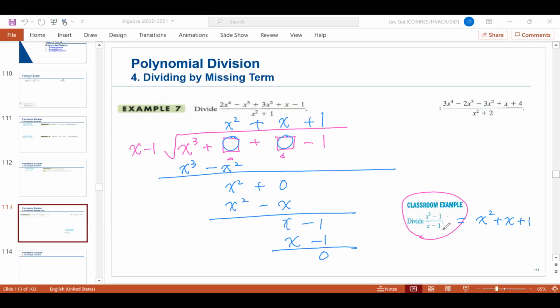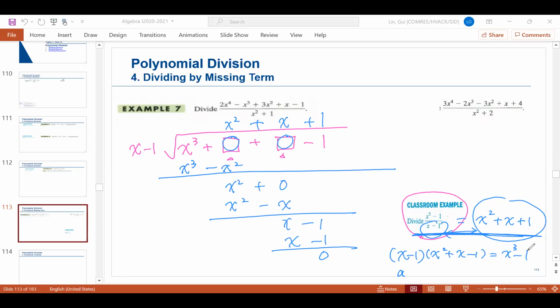So did you guys remember what this one is? Actually, we learned it earlier, right? Like this one is this part times this part, the product of this part. So you can get here, right? Did you remember this?